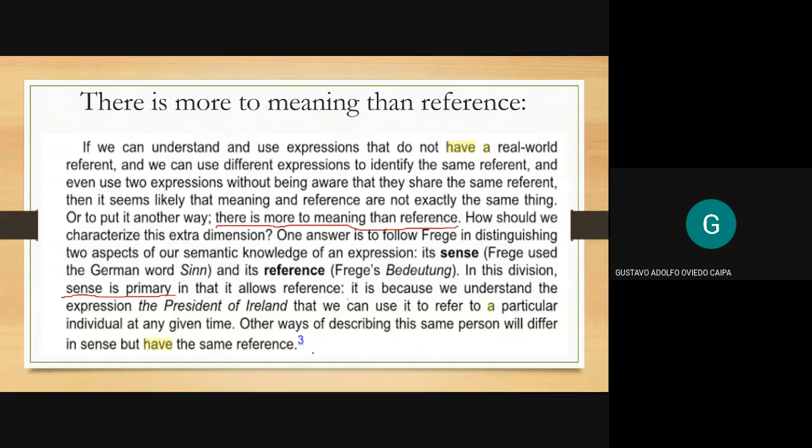So expressions like dog, in the example that I gave you, go beyond reference. The meaning of those expressions is not just the objects that they represent in the world, but also the different concepts and mental constructions that we have about those words. You see? That's what the conversation is trying to get at here in the document.